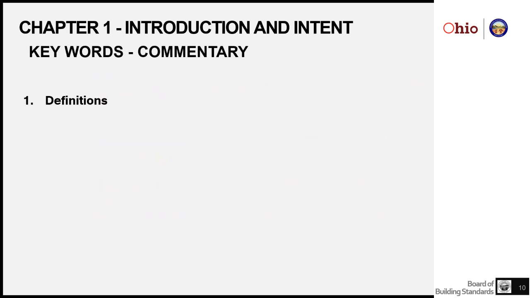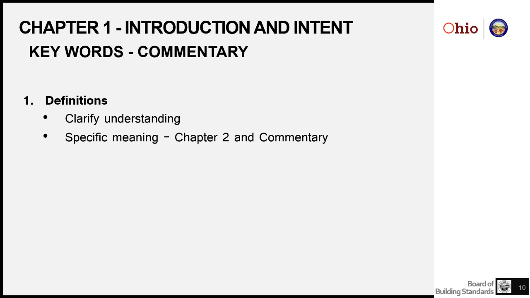So it's key in understanding code that we have some definitions that help us clearly understand what terms mean. There are going to be some specific meanings relative to the code, and there's going to be general usage meanings. So on the specific meanings, you're going to find those in Chapter 2 of the Ohio Building Code. All of the defined terms are going to be in Chapter 2.